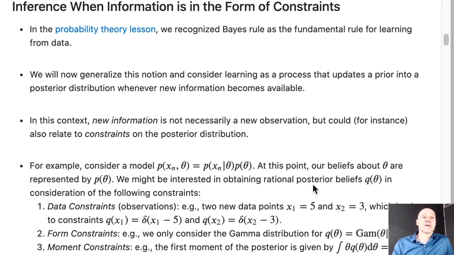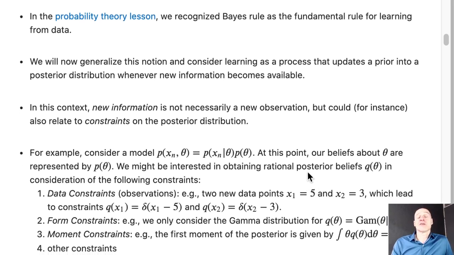If I make the observation that the first observation x1 is 5, I can immediately write down a posterior: q over x1 is delta of x1 minus 5. That's a constraint on the marginal, basically the posterior over the observations.